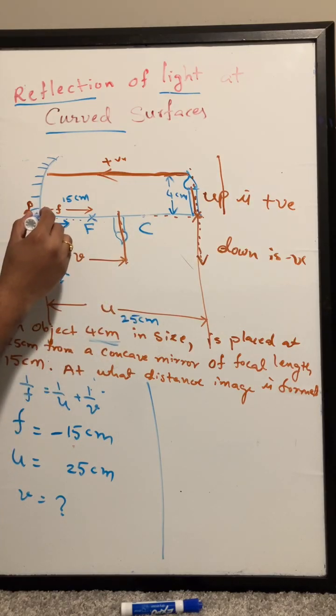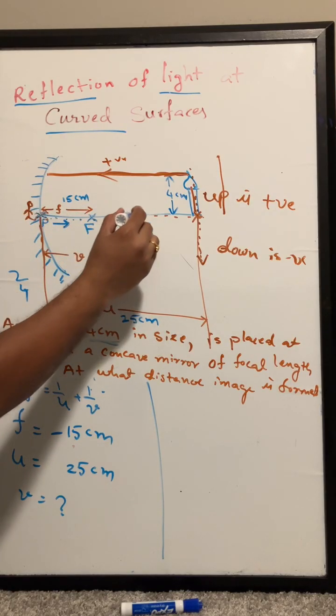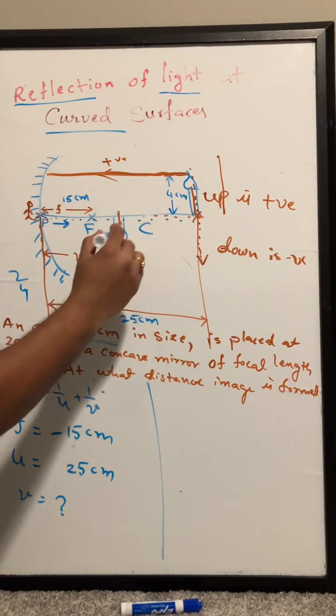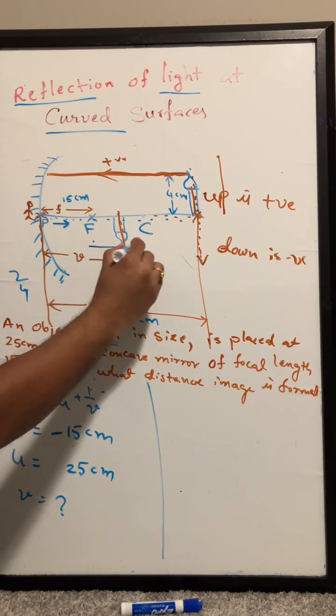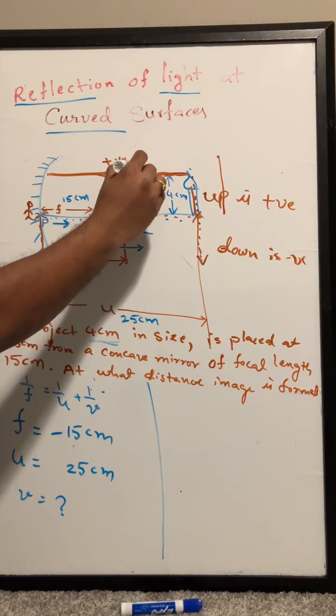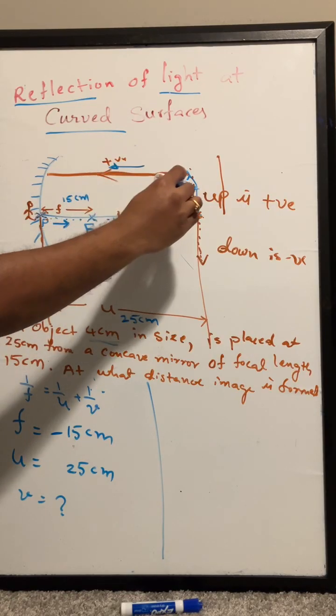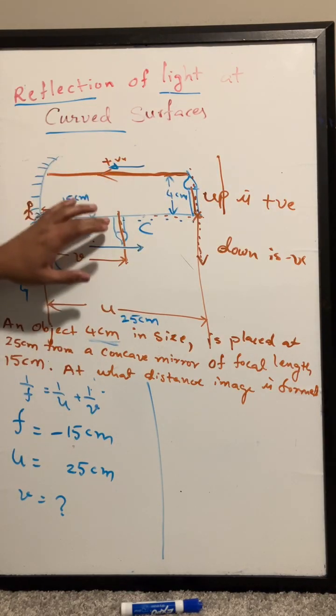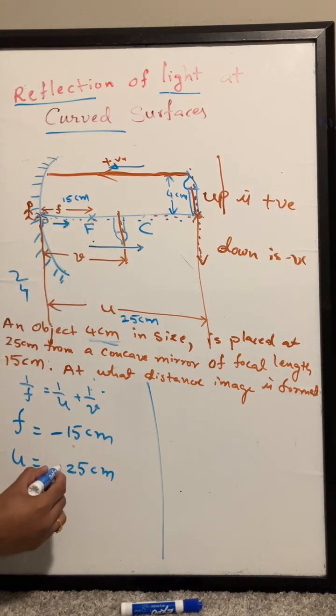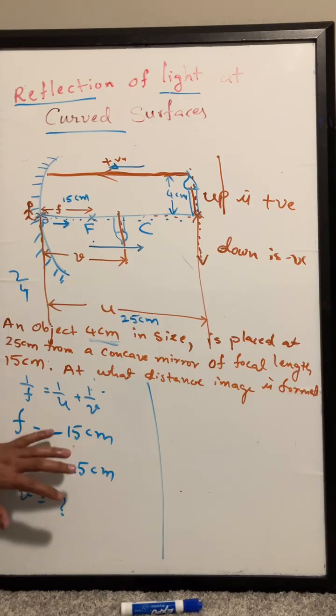You walk in the same direction until you reach the object. So you are walking in this direction. The direction of light is in this direction. So these two are opposite, so you take it as negative.